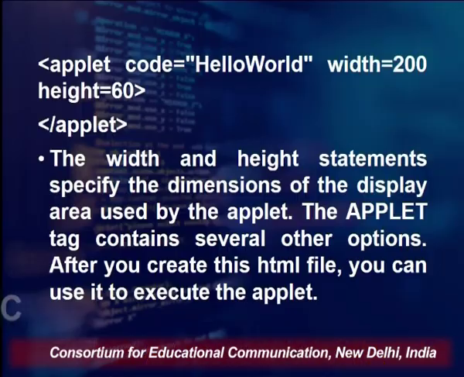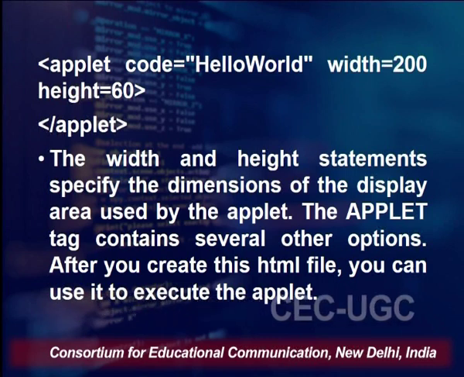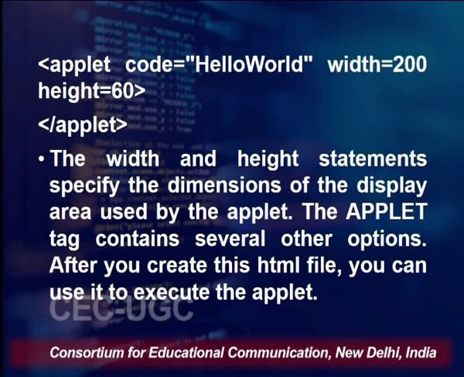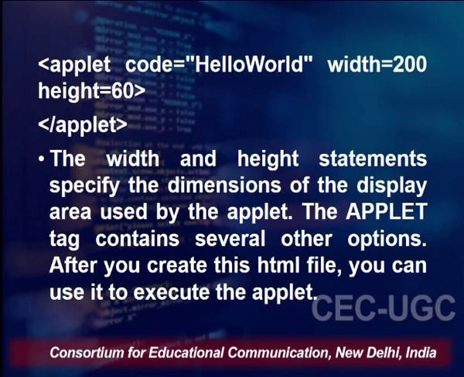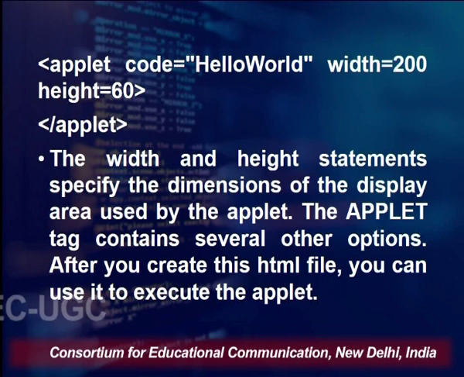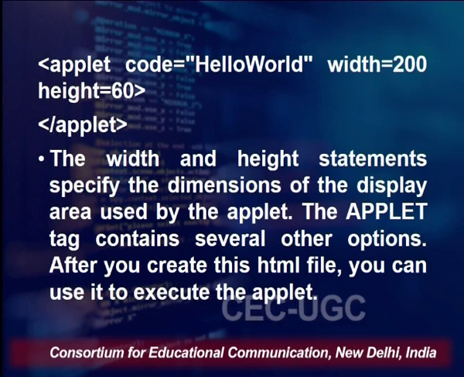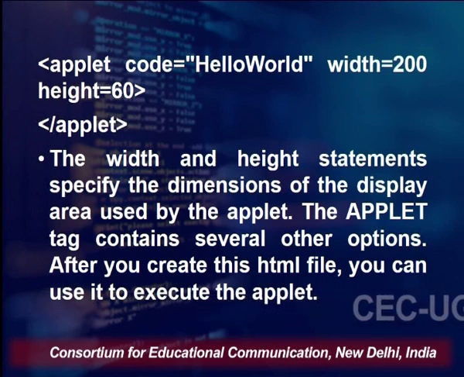So the tag is applet, then code equals HelloWorld, and then width and height. Width and height are two parameters which specify the dimensions of the display area used by the applet, and the applet tag contains several other options.